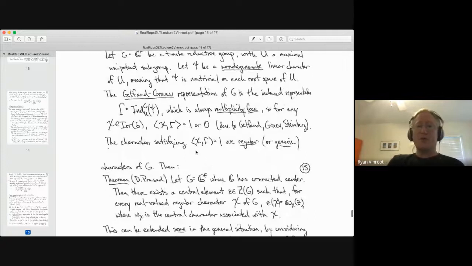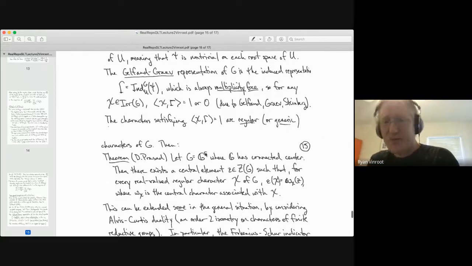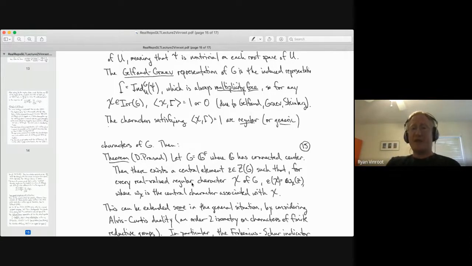But here's the result. There's a bigger result, but this is the most general thing that we can say that always happens. If G has connected center, then there is always a central element that guides whether a real valued regular character has indicator 1 or minus 1.